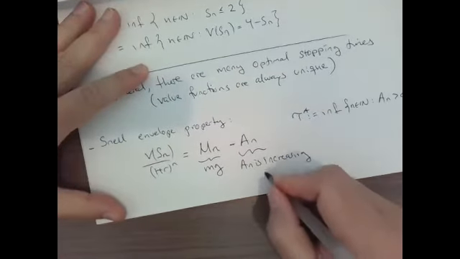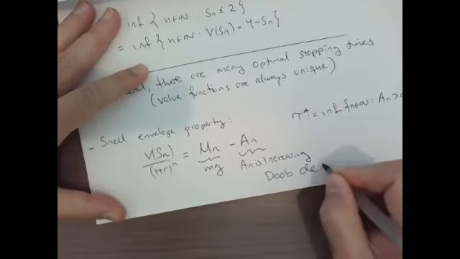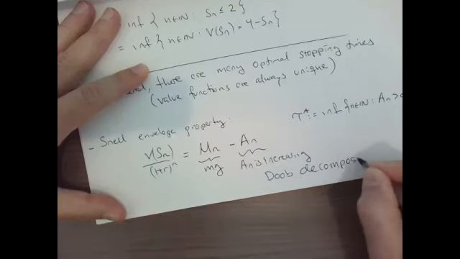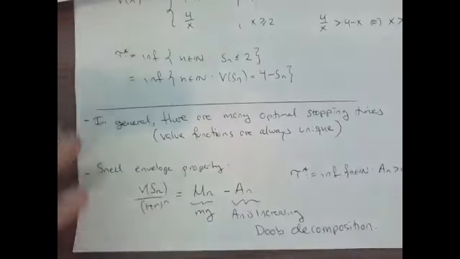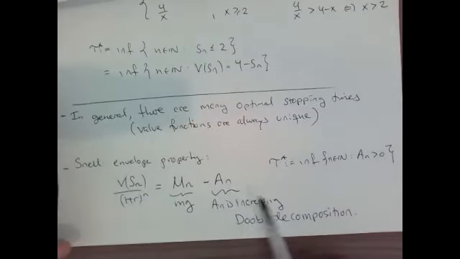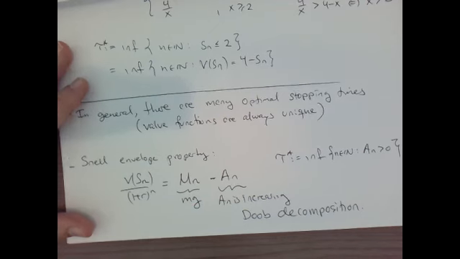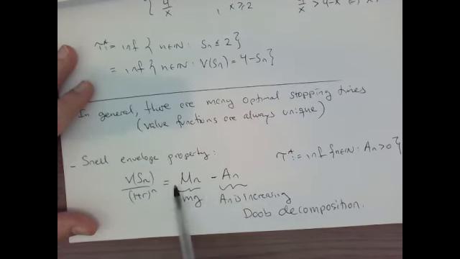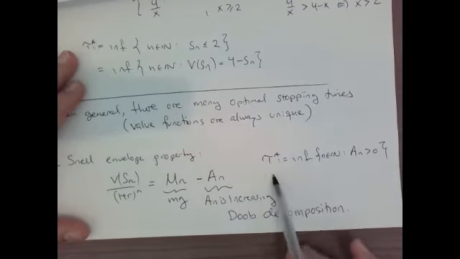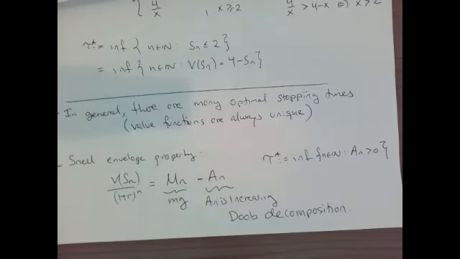This here is called the Doob decomposition. The Snell envelope property says that this thing has to be minimal. So an optimal stopping time is, when you look at its decomposition, you want it really just to be a martingale. As soon as this thing starts moving, you kill it, you freeze it. So in general, this is an example of an optimal stopping time.